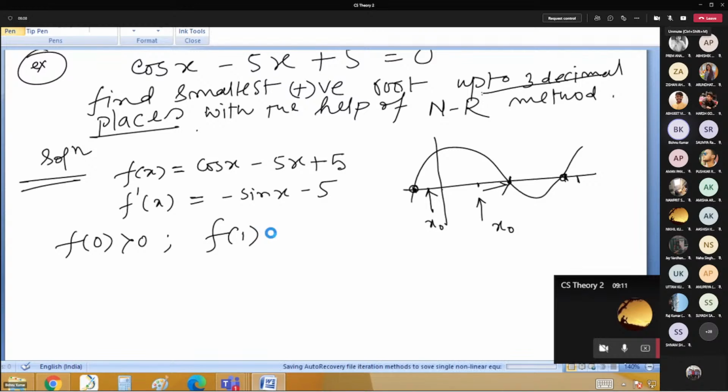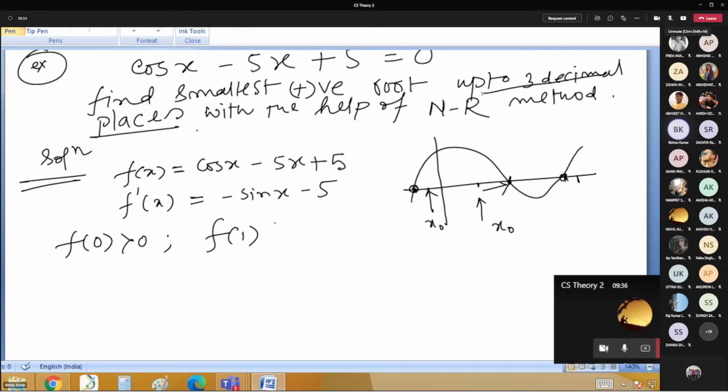So cos 1 means that 1 is in radians. So keep your calculator in radian mode. If it is in degree mode, then you have to multiply the 1 by 57.273, because 1 radian equals 57.273 degrees. That is why I am telling you to keep this information in your mind.